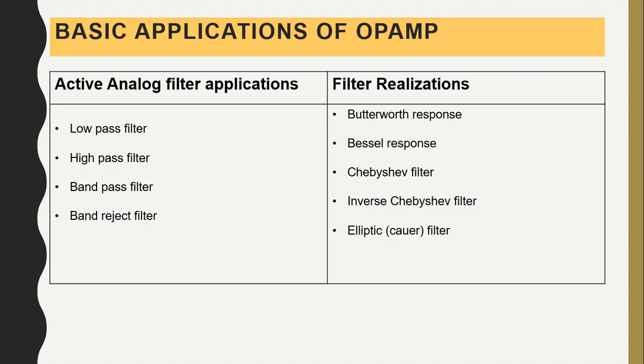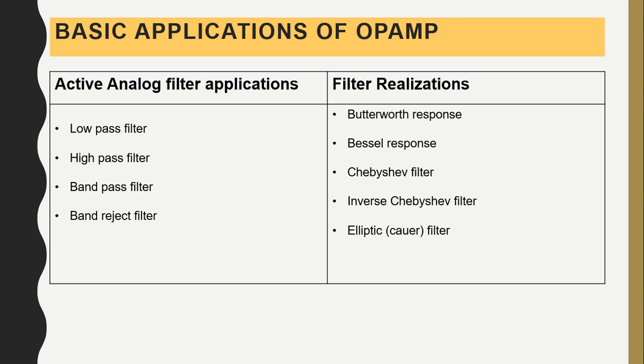Apart from the above mentioned general examples, these op-amps are popularly used in active analog filter applications. That can be low pass filter, high pass filter, band pass filter, or band reject filter. And again, each filter has five realizations: Butterworth response, Bessel response, Chebyshev response, inverse Chebyshev response, elliptical response.